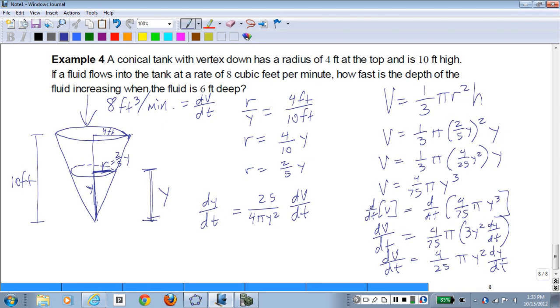Or you could multiply both sides by 25, divide both sides by 4, divide both sides by pi, divide both sides by y squared. And I think you get this.